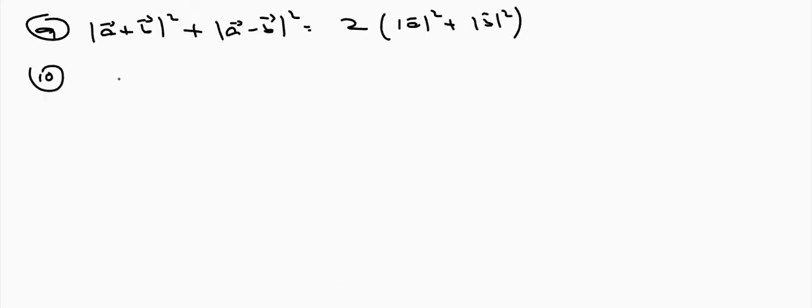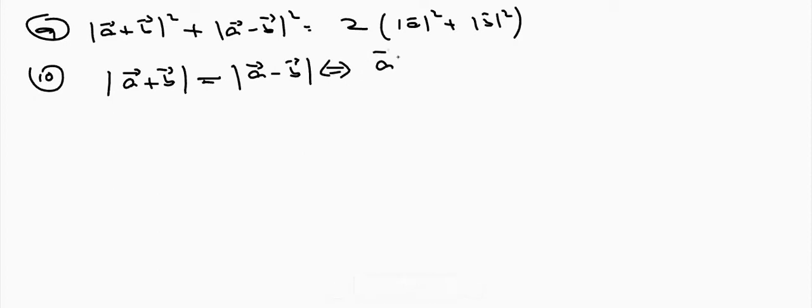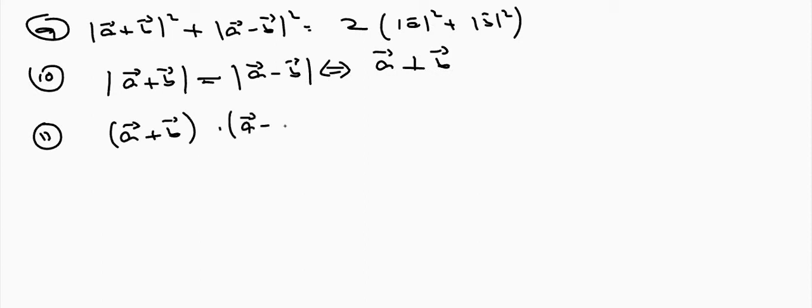Number 10, modulus of A plus B is equal to modulus of A minus B if and only if A vector is perpendicular to B vector. Number 11, (A vector plus B vector) dot (A vector minus B vector) equals mod A squared minus mod B squared.